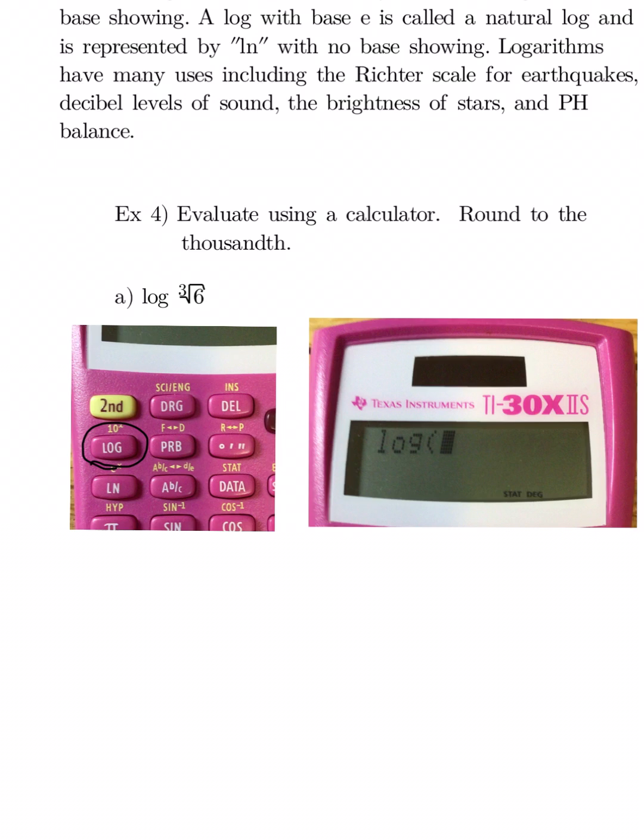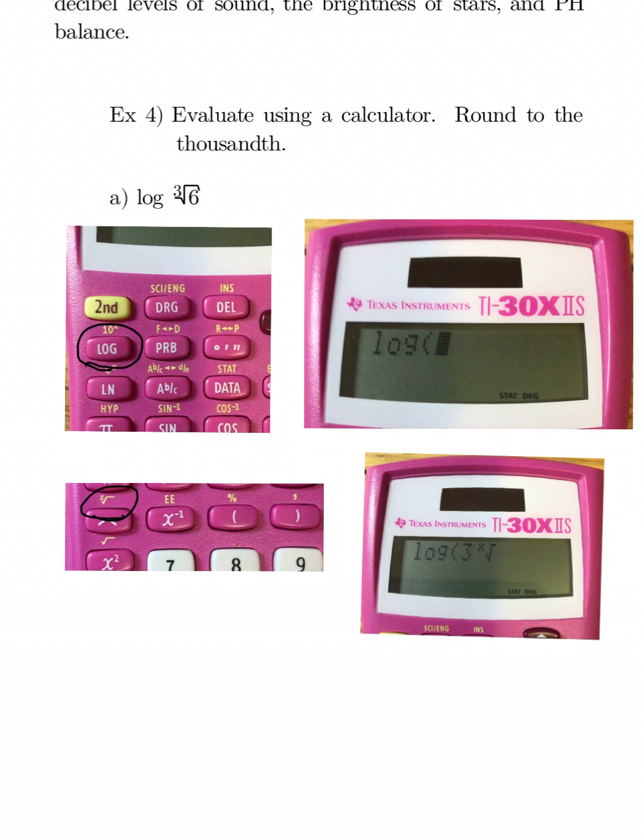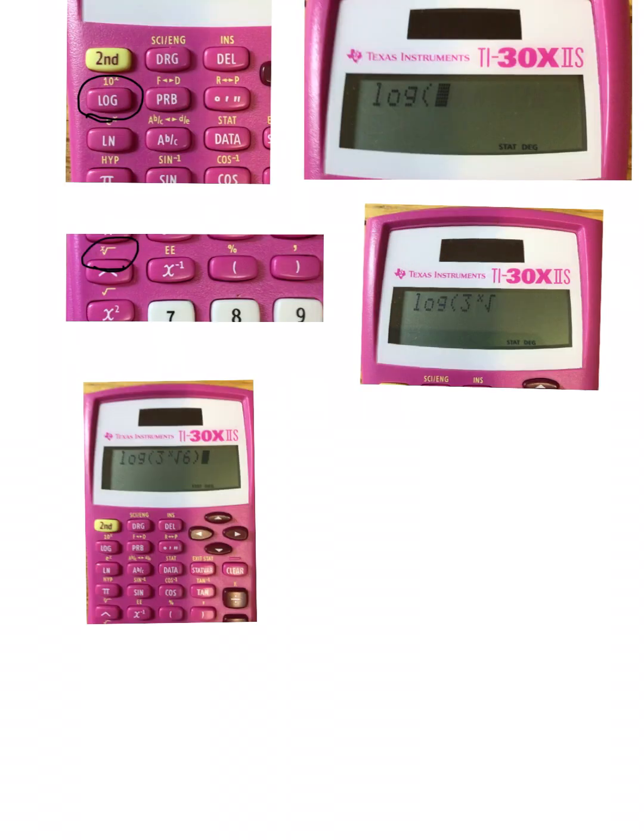After pressing the log key, this is what you should see on your screen. To do a cube root, you want to use the caret key, and the cube root is this symbol right above the caret key. To do the cube root, you should hit the 3 and then the second and the caret key, and you should get what you see on your screen now. Complete the cube root by putting in the 6 and then closing the parentheses for the argument of the logarithm.